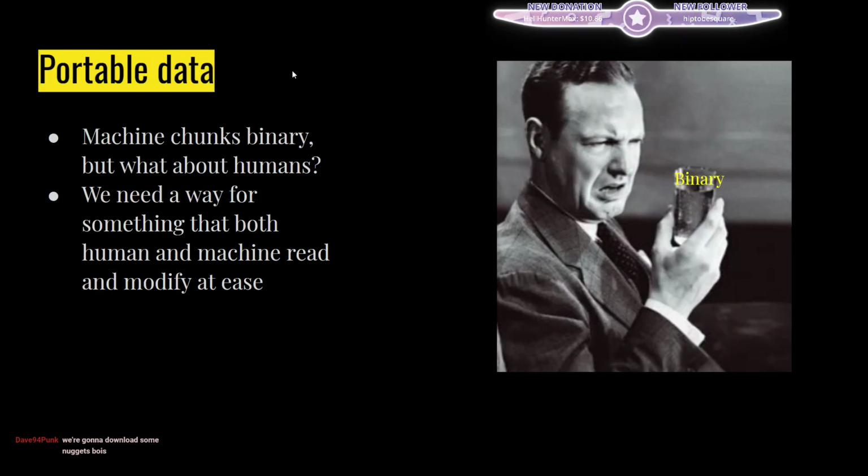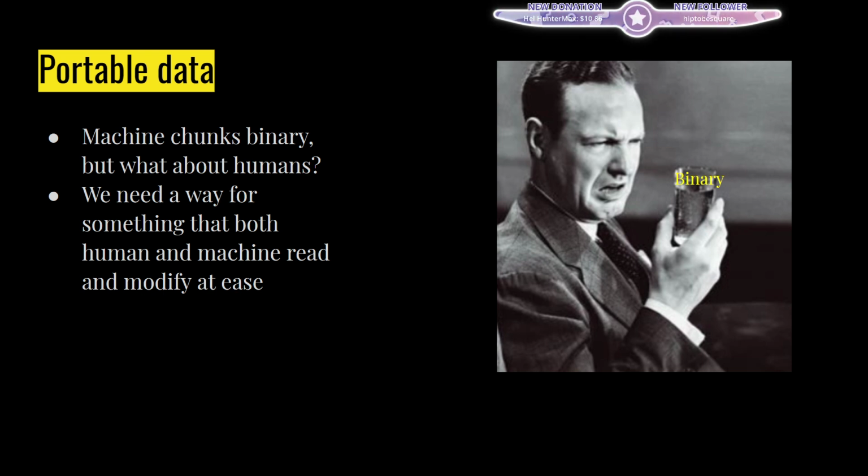So the problem that people had back in the days before internet even is that, well, we did have binary data format which worked fine for machine. Machine could chunk those zeros and ones. However, for a person to make a change in such data would be a pain.